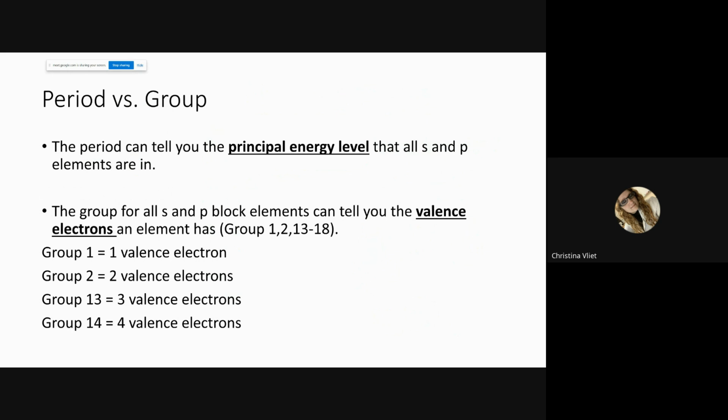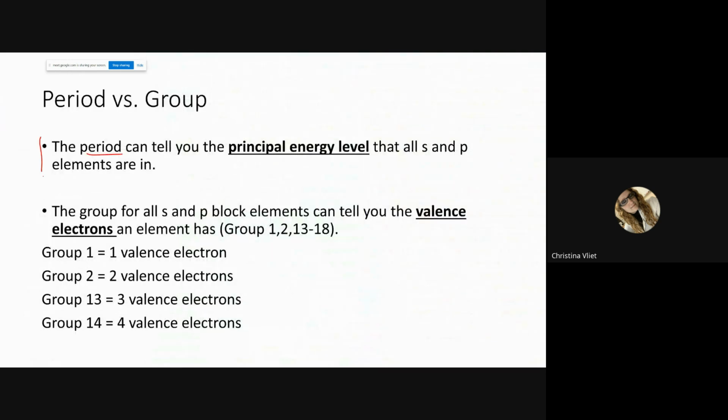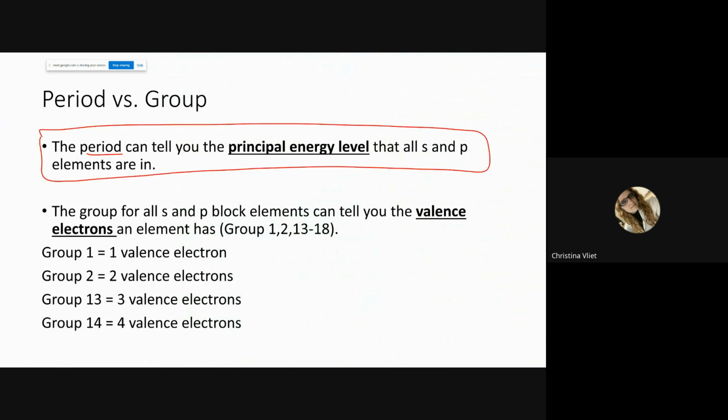The information a period versus a group gives you. Some of this I already told you, and some of these things are new, and I bet you wish I had told you. But I didn't because I wanted you to figure it out by thinking about it. So, the period for any element tells you the principal energy level. What is a principal energy level?